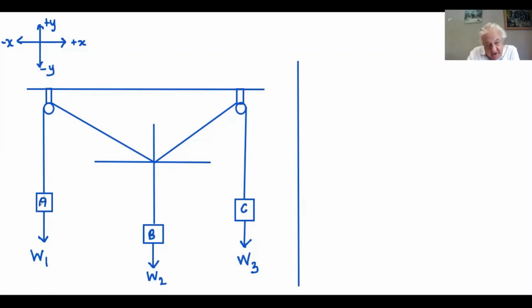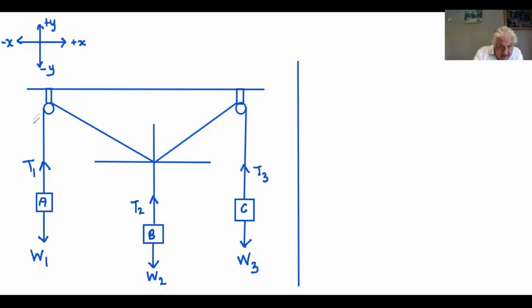So, even intuitively, in order for A to be balanced, we have to have an equal and opposite force T1. I can also obtain this relationship by the application of condition 1 to block A, which I will do later. Similarly here, I have to have a force, a tension T2 to balance W2. And here a force T3 to balance W3, equal and opposite.